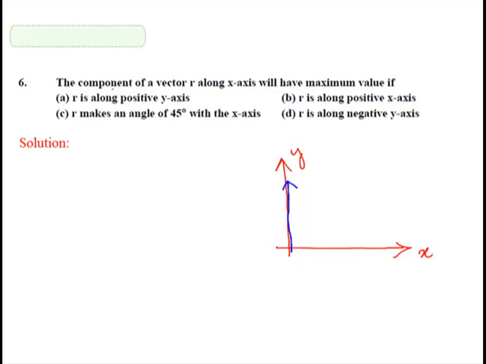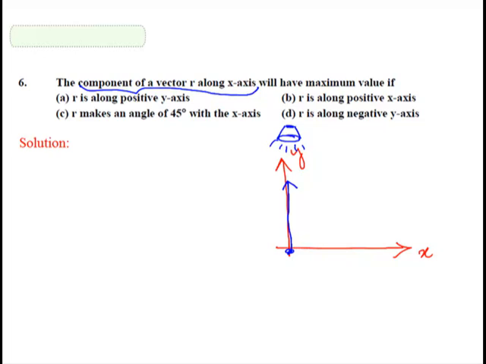So you have to find the component of the vector along the x axis, meaning you have to check what will be the length of the shadow in case you are shining a light from here. Do you think you get any shadow over here? There is no length, so this will be 0. The x component will be 0 when you keep it along positive y axis.